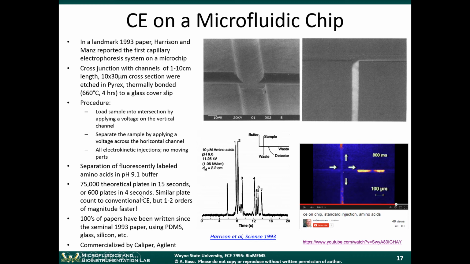Plates is a quantitative metric for separation efficiency. So they're saying that you can get similar separation efficiencies to conventional capillary electrophoresis, but it's 1 to 2 orders of magnitude, 10 to 100 times faster. So there's great interest from industry to commercialize this technology, and indeed it has been.